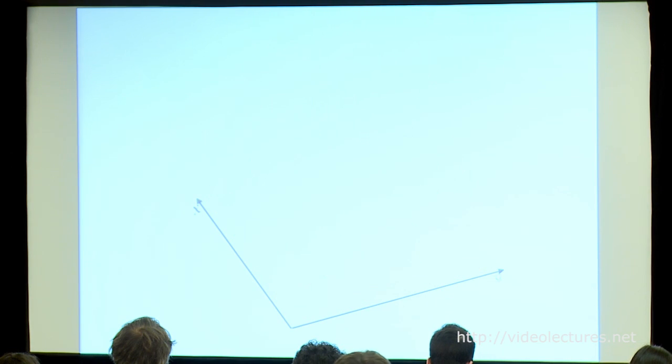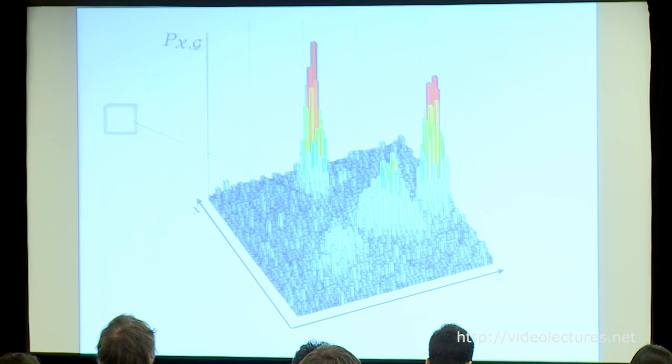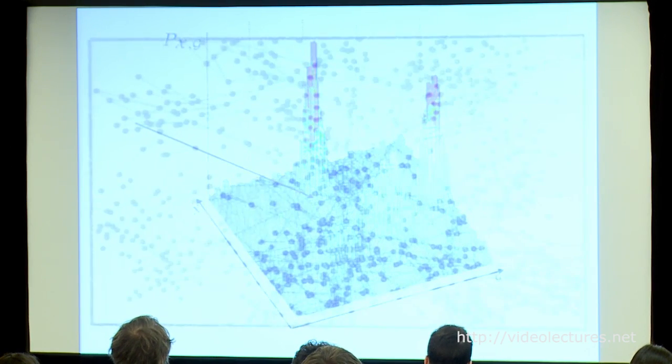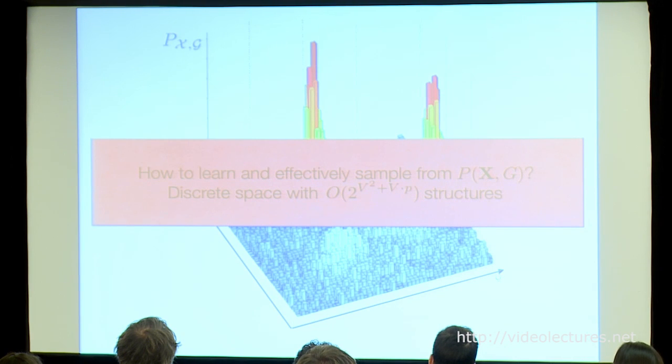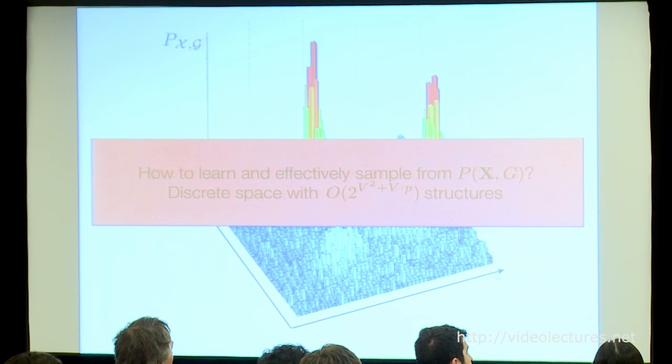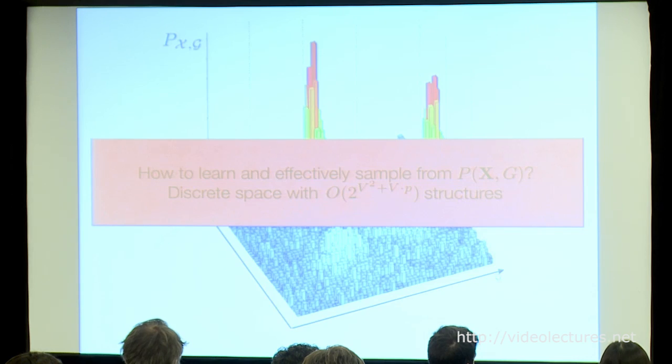Let's see if I can go back. One point here is a large graph with attributes on all of the nodes. Okay, so the big question is then how to learn and effectively sample from this super large exponential distribution here of graph space and attribute space at the same time.